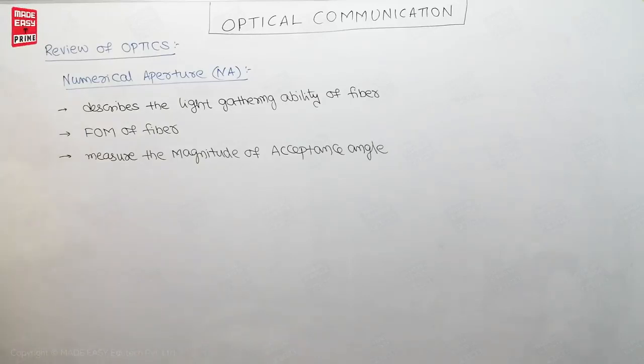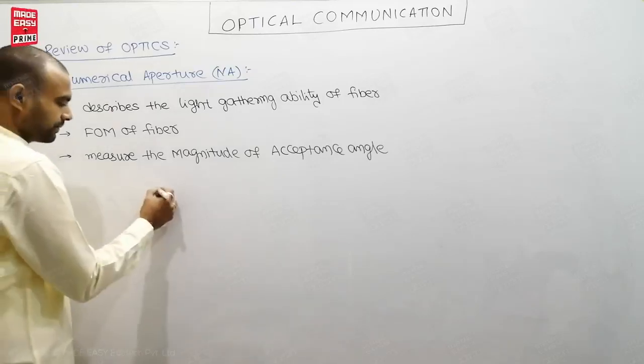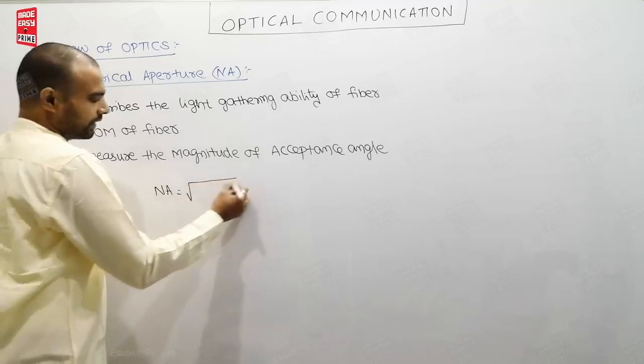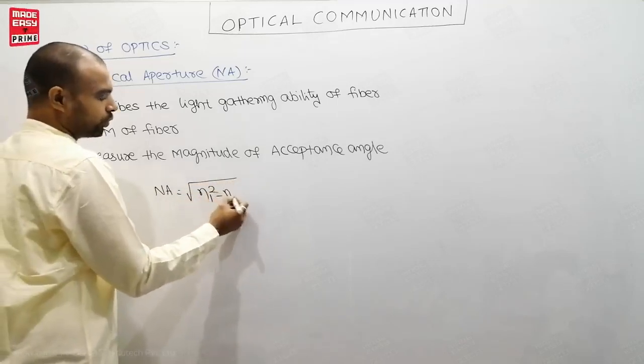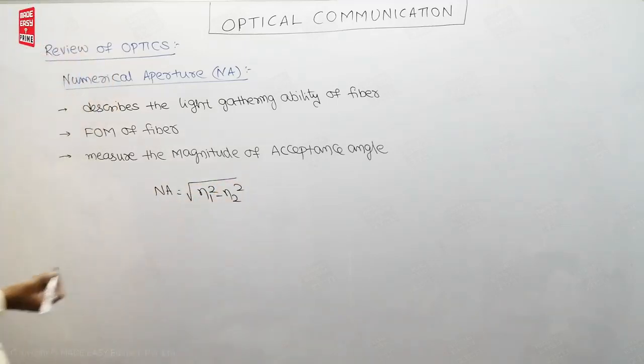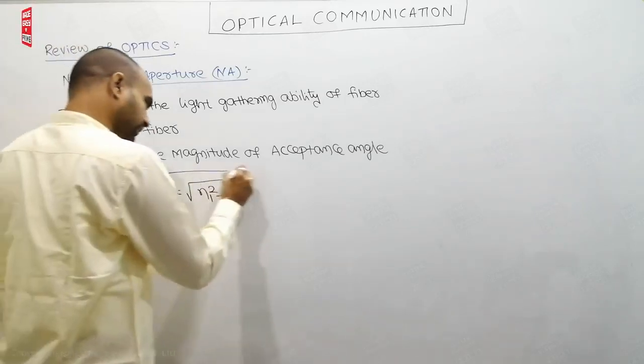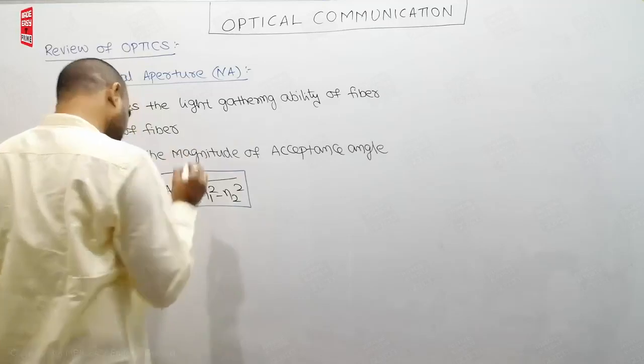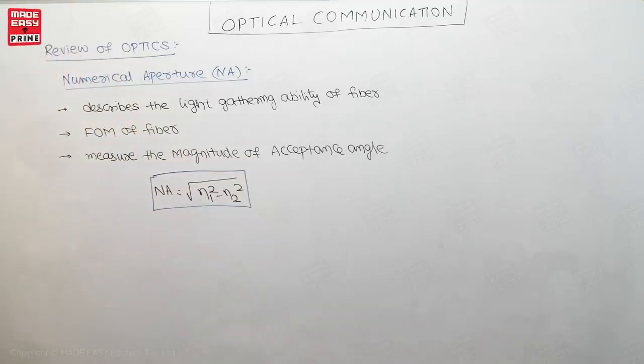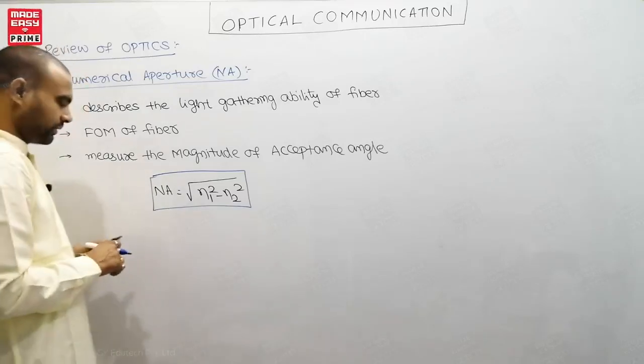So if you see about the numerical aperture, that is Na, it is given as under the root of n1 square minus n2 square. This is what is called as the definition of numerical aperture we have. So Na is equal to under the root of n1 square minus n2 square.